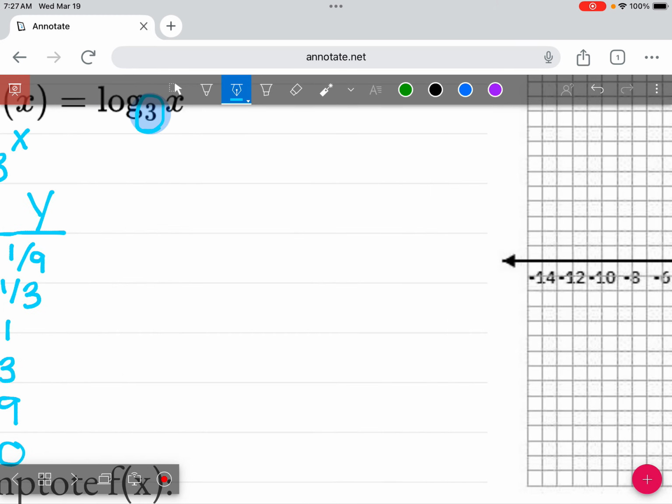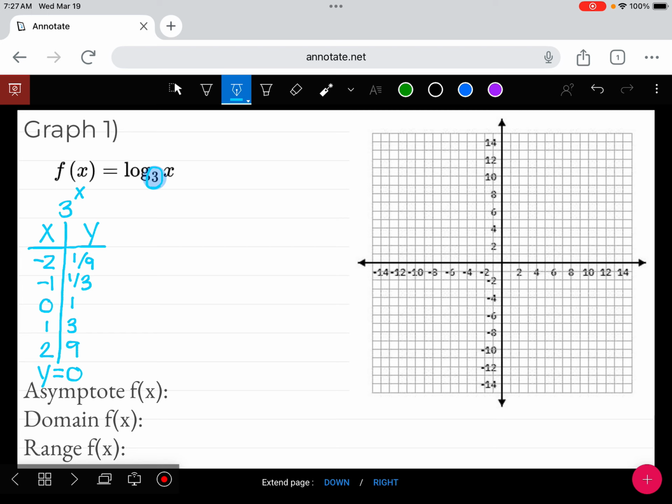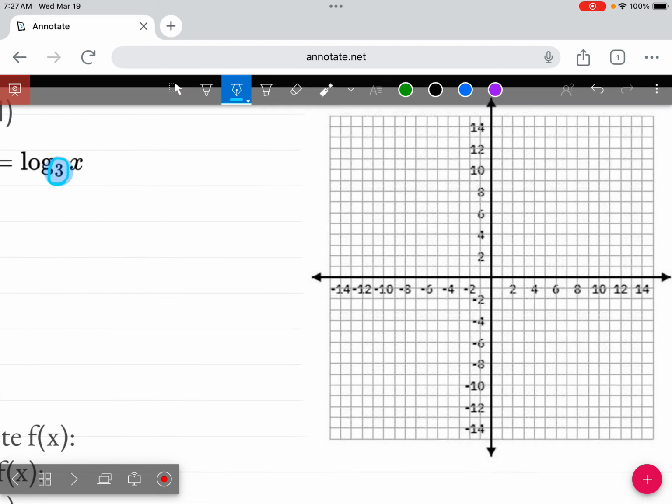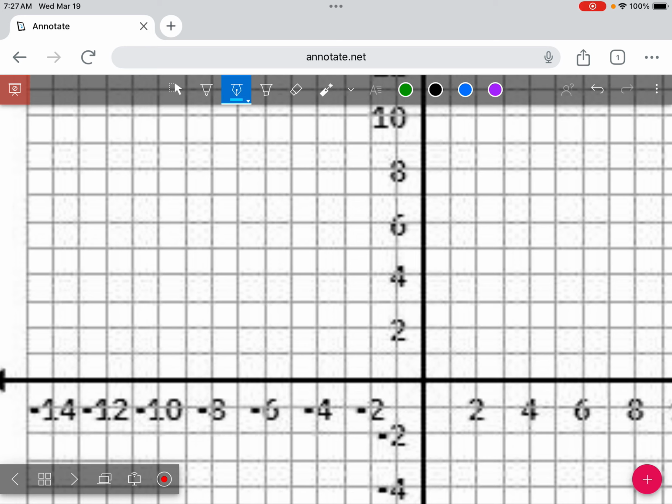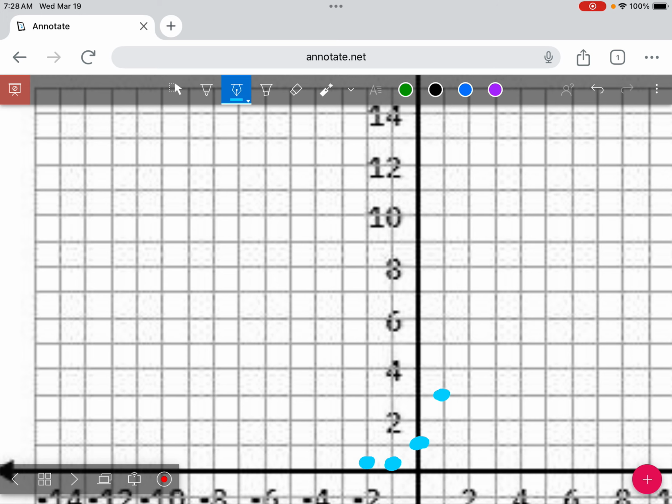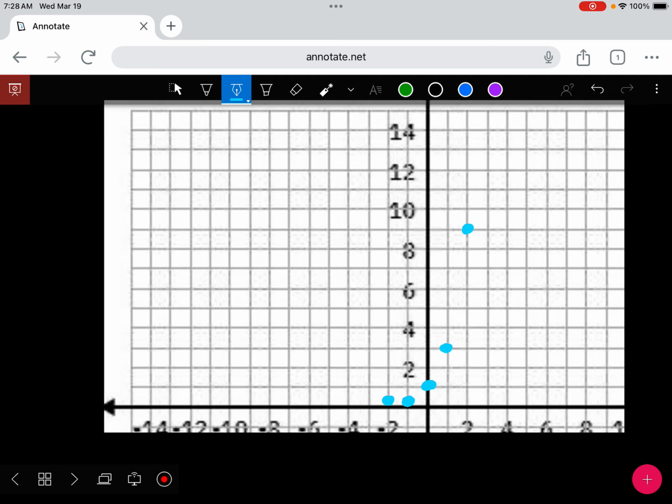This is going to be the only time we're going to graph the exponential. So let's graph our exponential so we can see what's happening here. So our -2, 1/9, our -1, 1/3, 0, 1, 1, 3, and 2, 9.